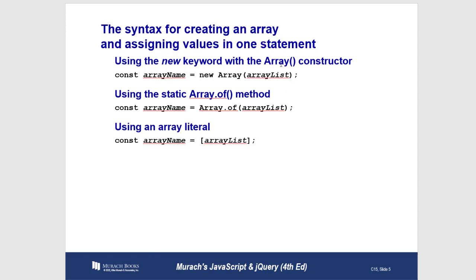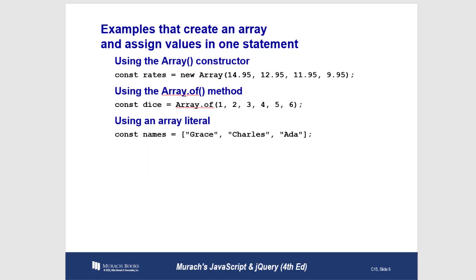We can use the new keyword with the Array constructor. If we create an array and assign values at the same time, we could put new Array and then the list of values. We could say Array.of and the list, or we can put brackets around that. So we'll see a specific example like this. If I say const rates, for example, equals new Array, and then you'll see there are 4 values here.